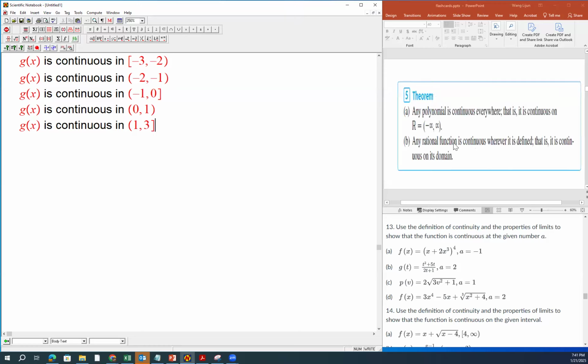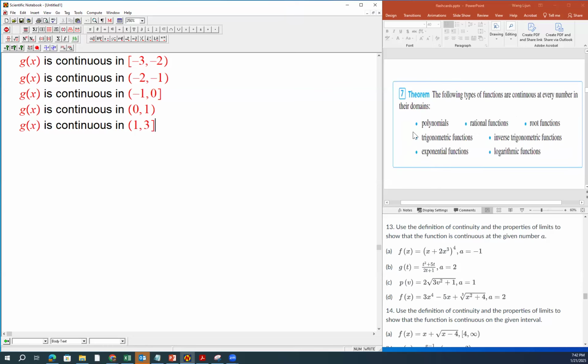The second result, called theorem number 5, I just quote the same number from the textbook, is any polynomial is continuous everywhere because the domain of a polynomial is all real numbers. Any rational function is continuous wherever it is defined. That is, it is continuous in its domain. So we're going to use these theorems to make statements.